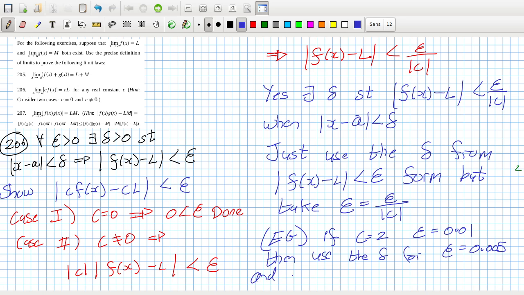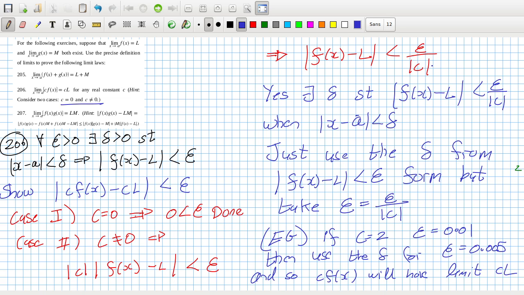And so c f(x) will have limit cL then. And I understand why they now wanted us to split it, because we can't divide by 0 here.